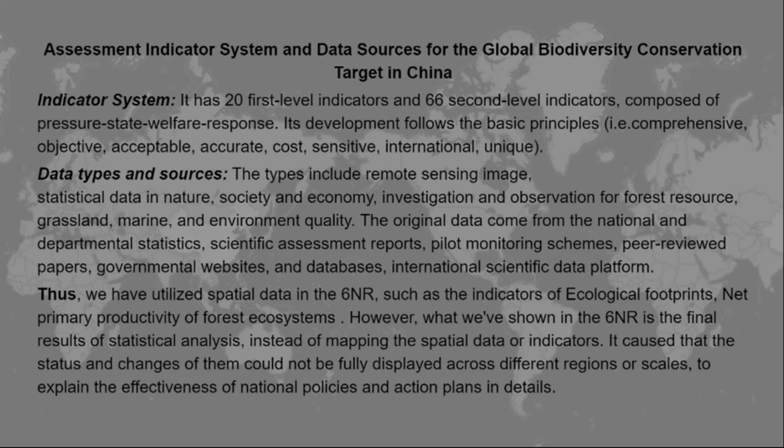It may cause that the status and changes of them across different regions or scales could not be fully displayed, or to explain the effectiveness of the national policies and action plans in details. Next, please.